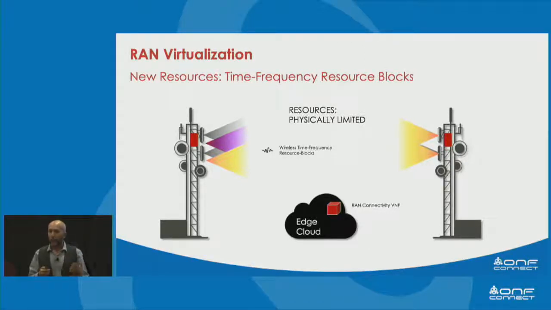It is quantized in the form of time-frequency slots. But it is, again, very physically limited, and it is super expensive. It is probably the most expensive resource you can imagine.